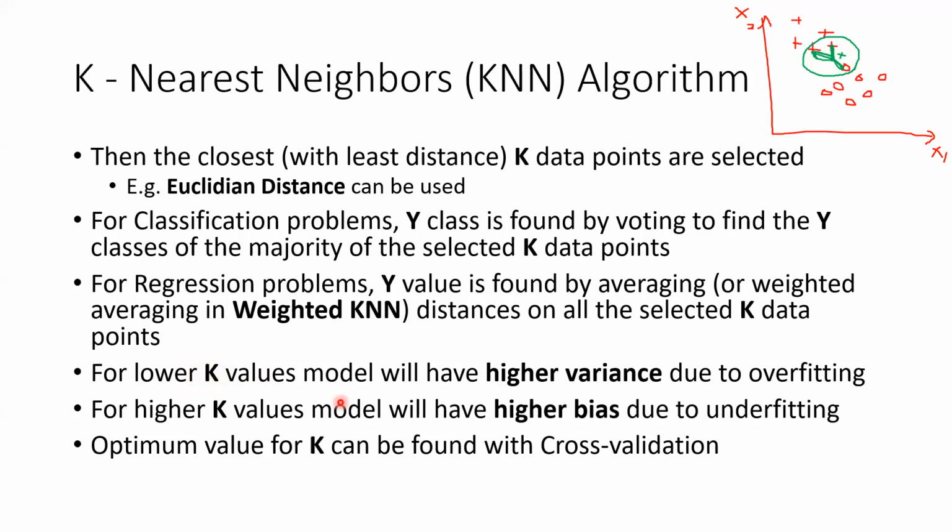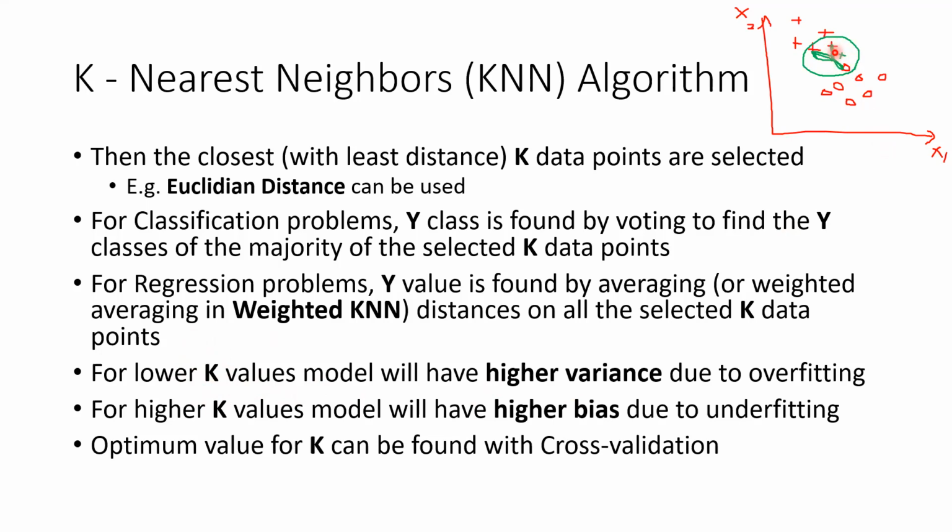What would happen when the hyperparameter is low? For example, you can have k equals 1. That means there's only one. We take the nearest data point to the data point that we are going to predict, and we take that nearest data point as the predicted value.